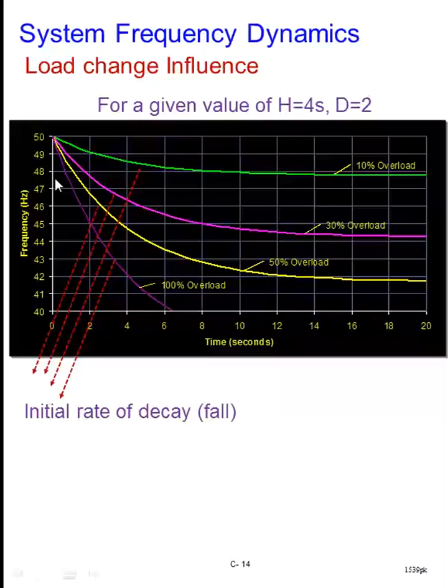But if I say 2%, then it will be a much narrower band of frequency regulation. So you can see here that the load change has a significant influence on the decay of the frequency, right? Anything more?